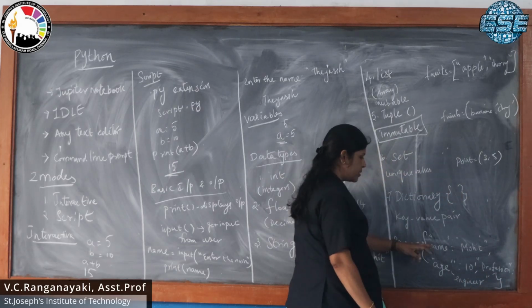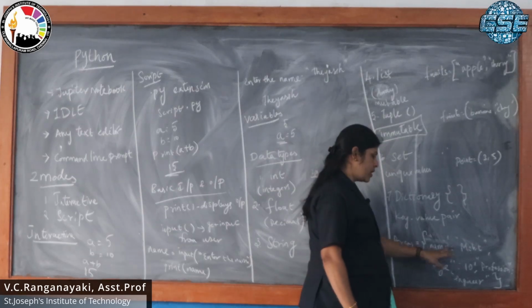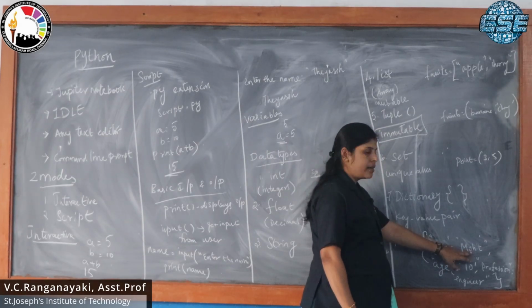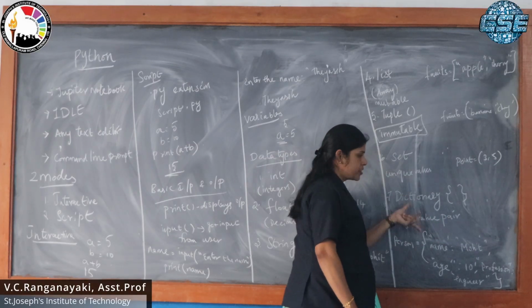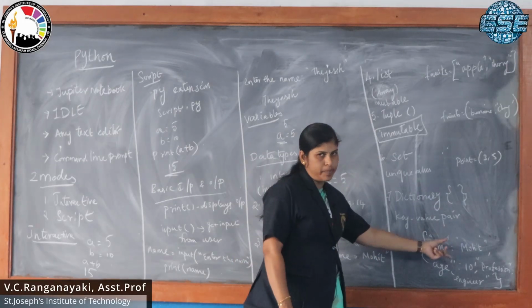So like this, key and value. This is the key followed by a colon. After that we are giving a value. So this dictionary is defined by using key value pairs.